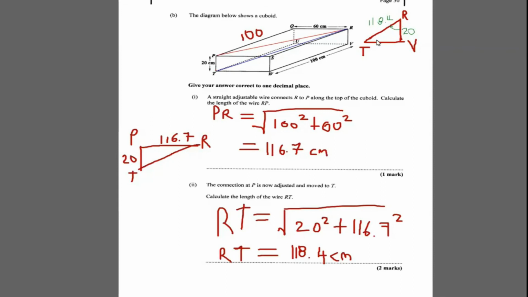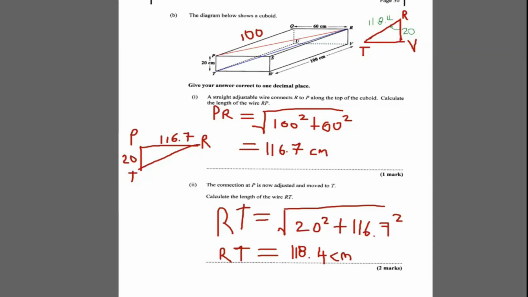RTV is this big angle right here, and that looks like RPT, which in triangle RPT is RTP.